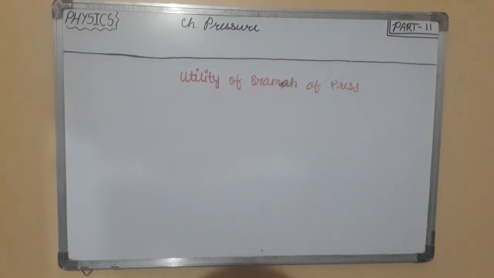Second conclusion is, if a body is immersed in water and oil, the liquid with greater density produces more buoyant force. Here, water with greater density produces more buoyant force. Third conclusion is, a body in a given liquid experiences greater buoyant force at a place with greater value of g. I hope you've understood till this.